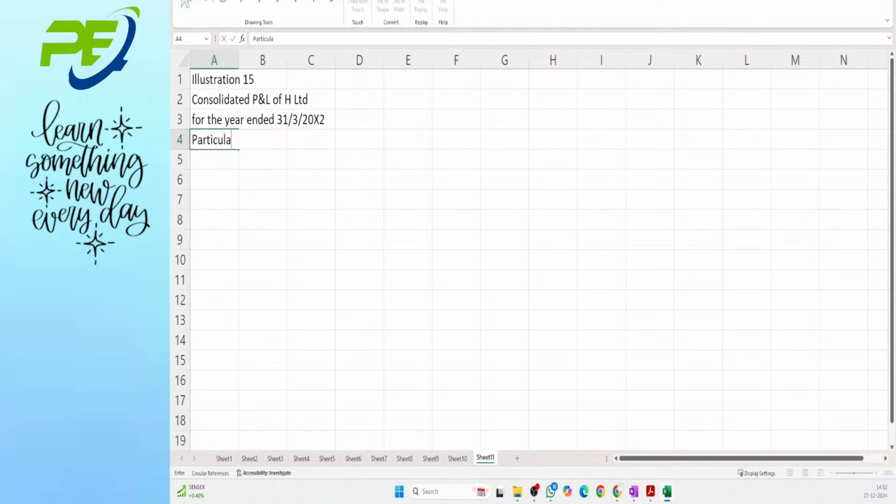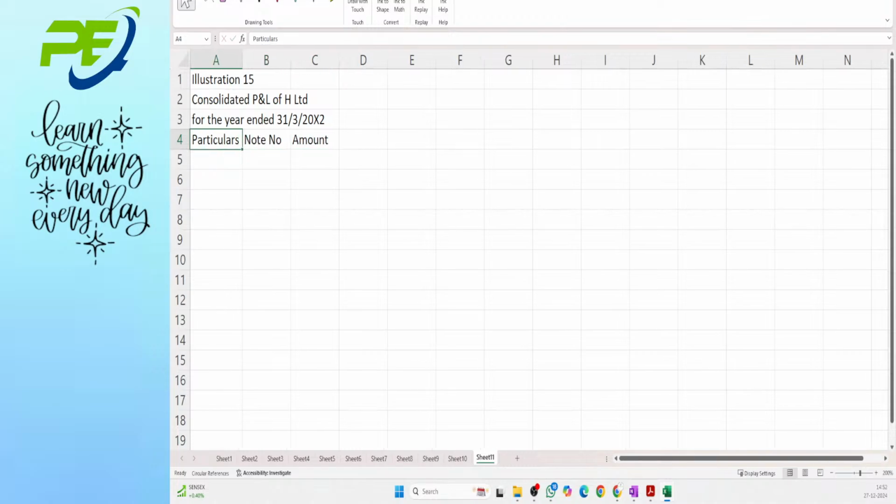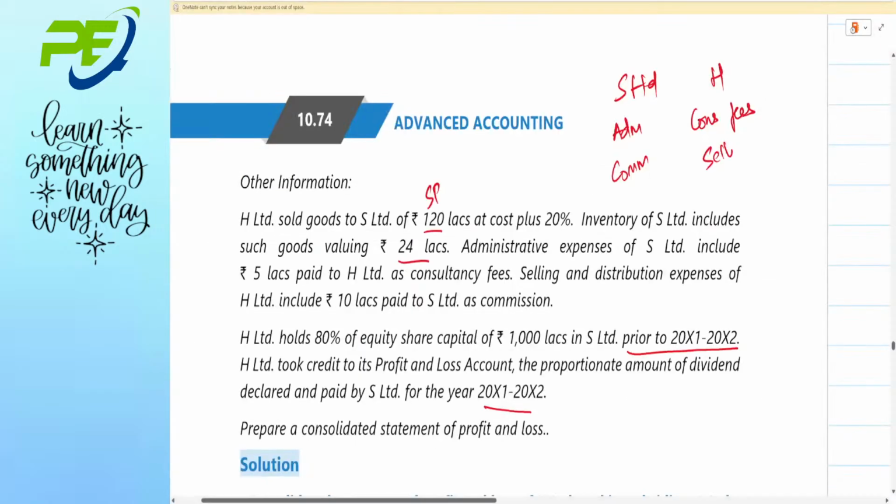Definitely yes. Particulars, note number, amount. Yes, we will start from revenue from operations. Revenue from operation, note number 1, amount.